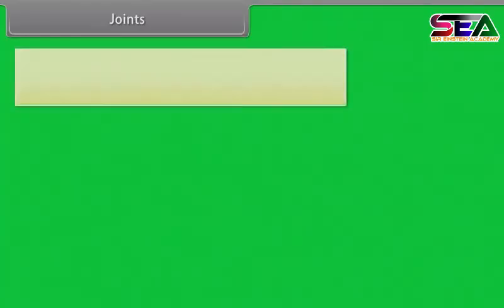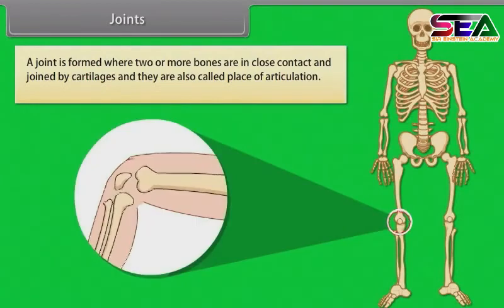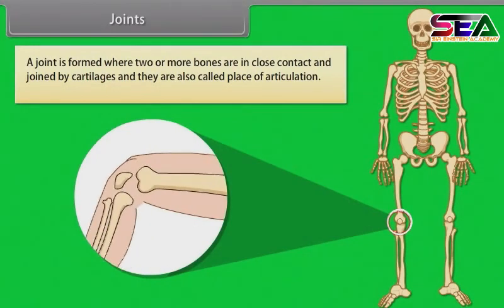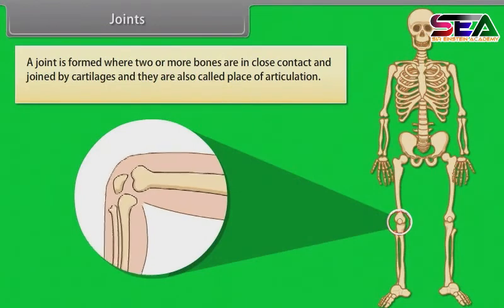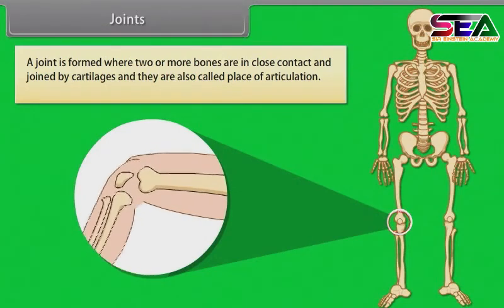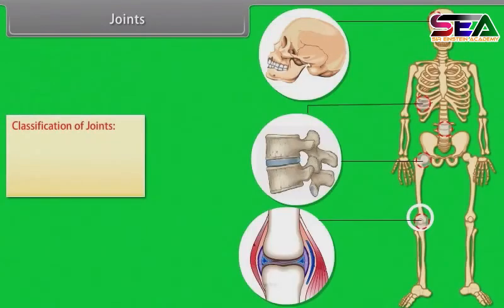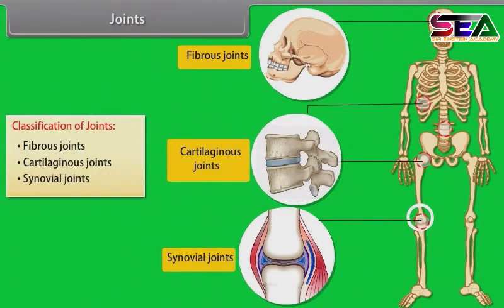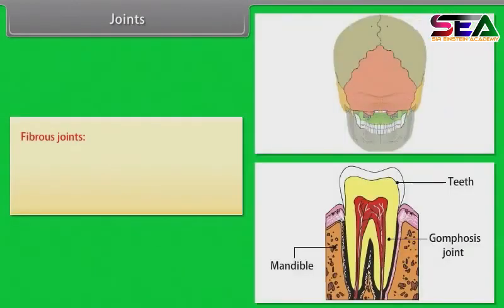Joints. A joint is formed where 2 or more bones are in close contact and joined by cartilages, and they are also called places of articulation. Classification of joints: fibrous joints, cartilaginous joints, and synovial joints. Fibrous joints.